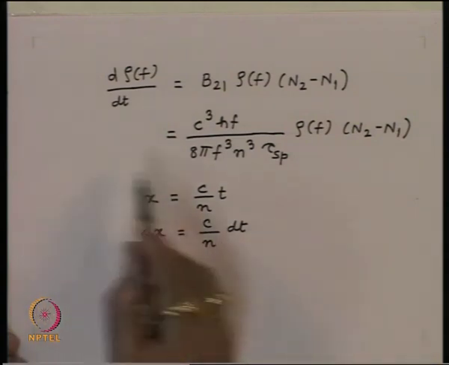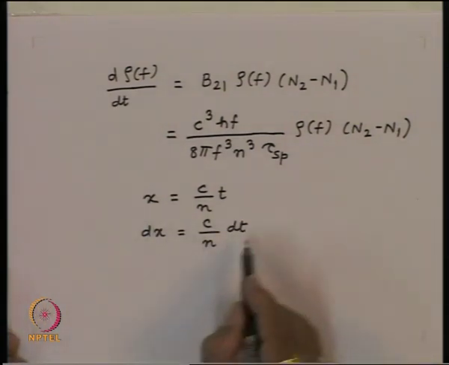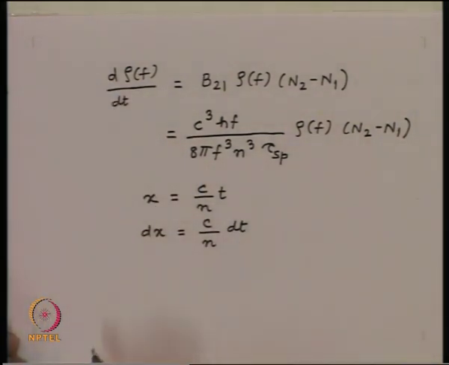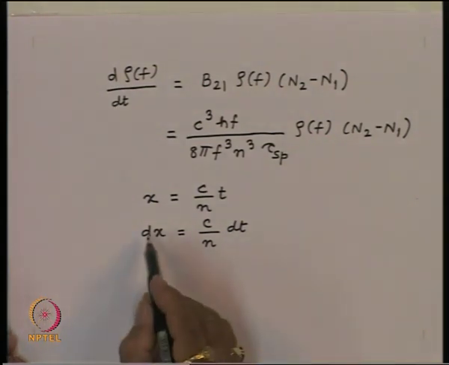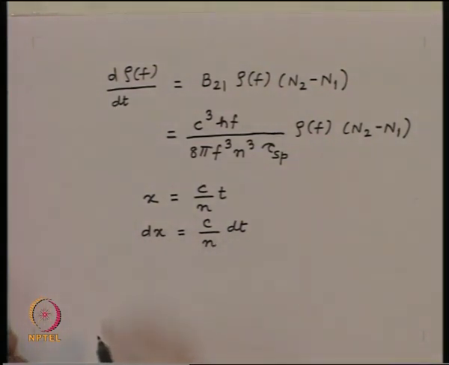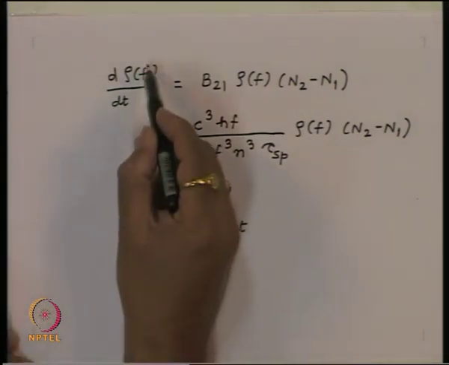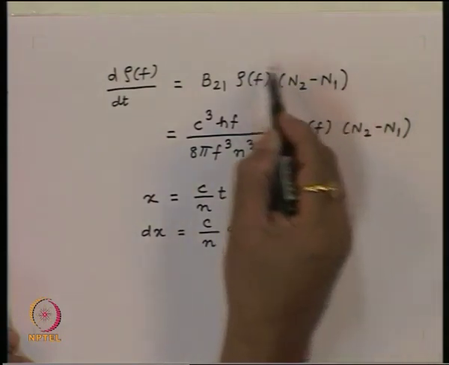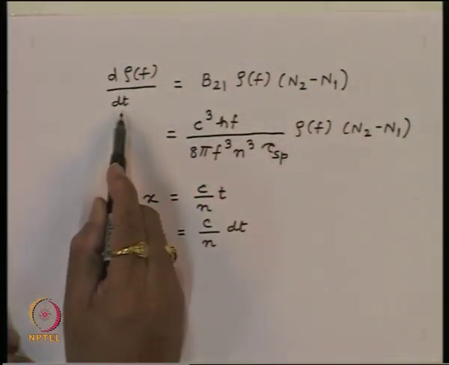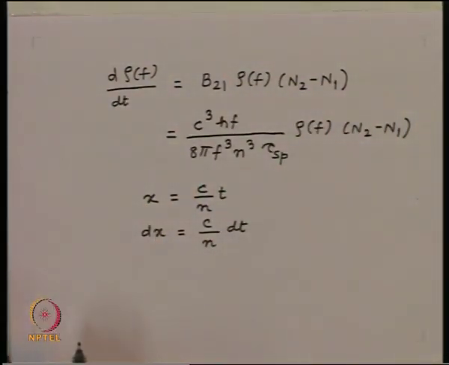So, I can get here 1 by dt from here, that is equal to c by n into 1 by dx. So, now we can change this equation, which is a differential equation as a function of time, to a function of space.